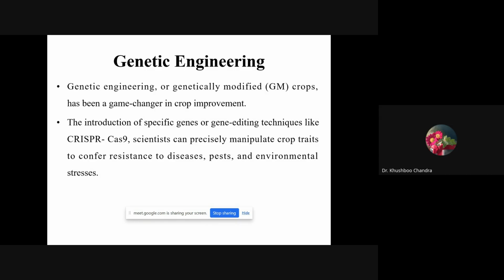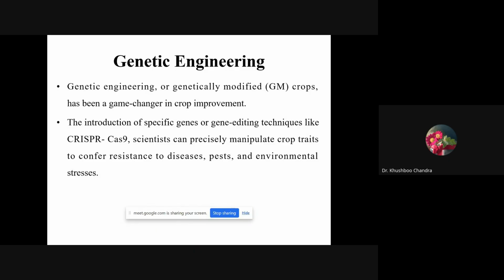Now coming to the genetic engineering part, genetic engineering allows the direct introduction or modification of genes which control your desirable trait. Whatever the trait of interest is, wherever you want to incorporate it, you can go with this genetic engineering process. It includes different technologies like the CRISPR-Cas technique, for precise genome editing without introduction of any foreign DNA.